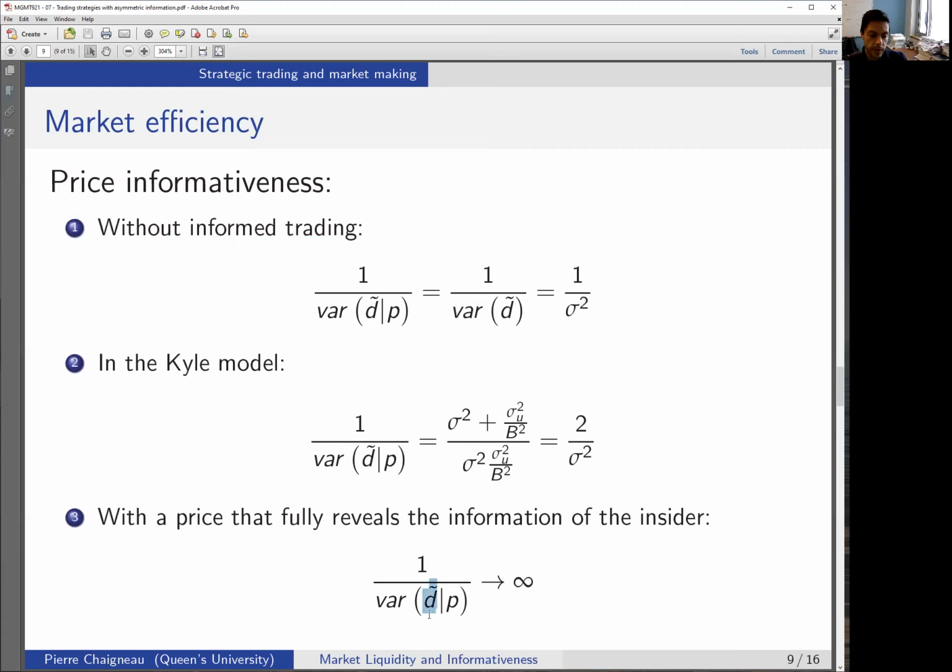So the variance of d tilde conditional on P with a price that is fully revealing will be equal to 0, meaning that this would approach infinity. Now, what happened in the Kyle model? So we are actually going to be in between these two extremes here.